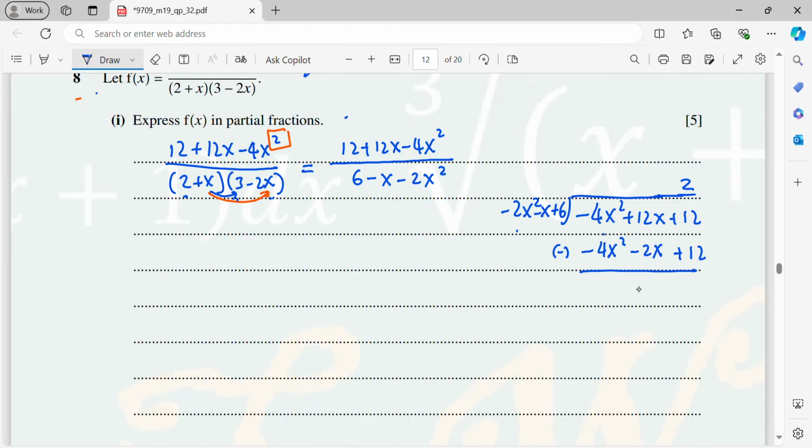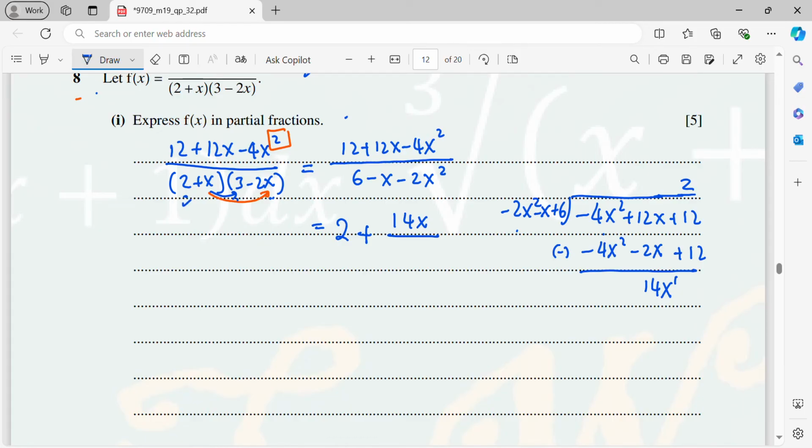The second term is 12x minus 2x, that is 14x. So this is basically 2 plus 14x. We stop here because the degree of the remainder is 1 and the divisor is degree 2. As long as the degree of the remainder is less than the divisor, we stop the polynomial division.